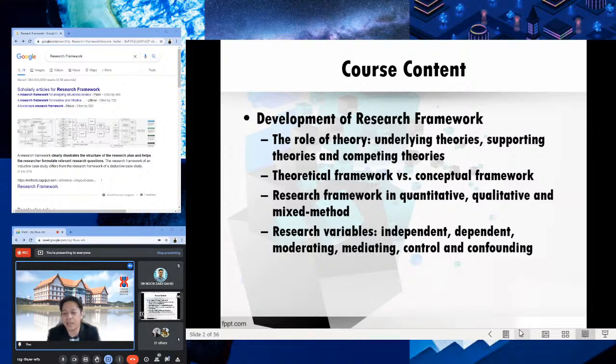And we also discuss the research variables: independent, dependent, moderating, mediating, controlling and confounding. So these are some of the basic things that everyone, scholars or any researcher, need to understand on how to develop the research framework based on these theories and understanding.